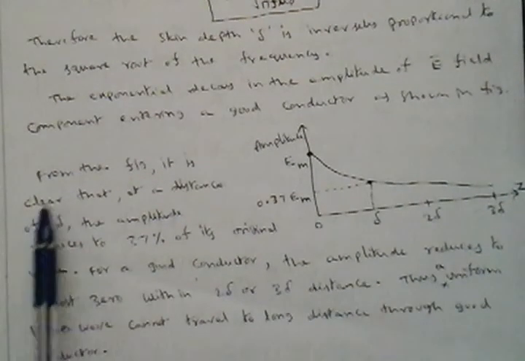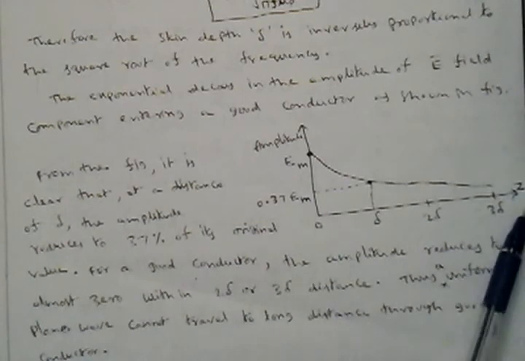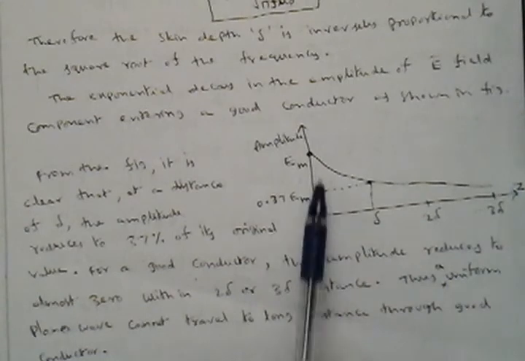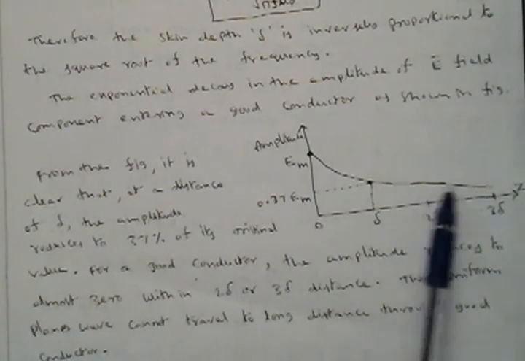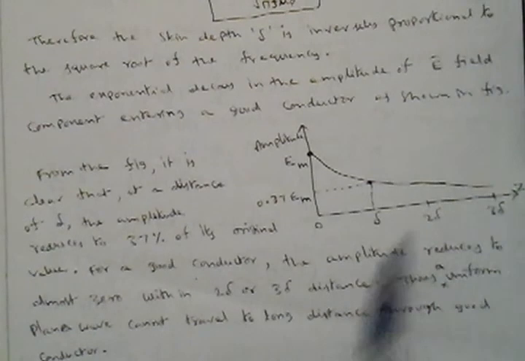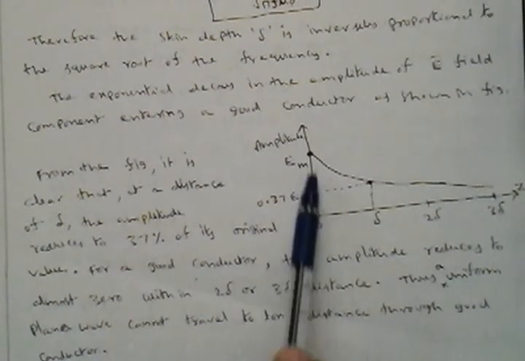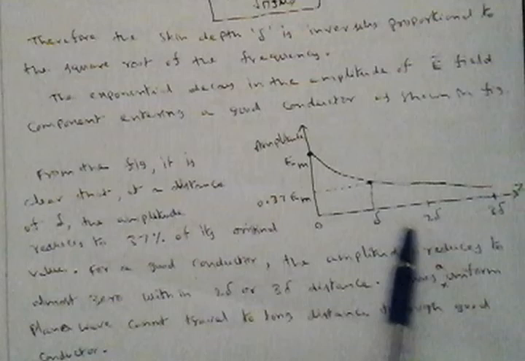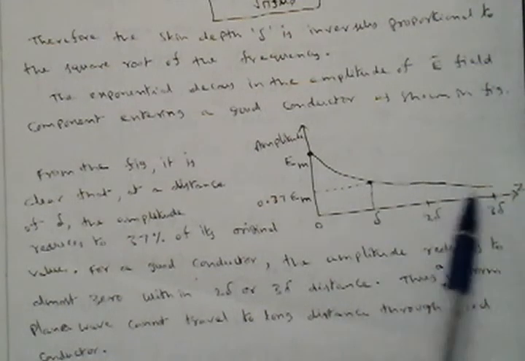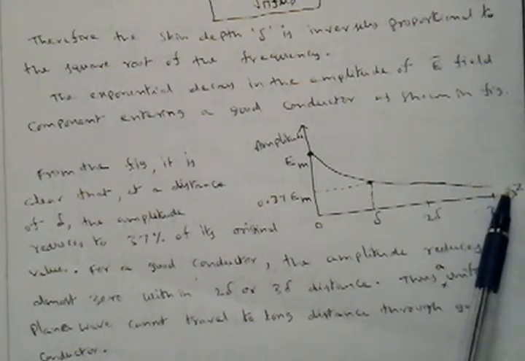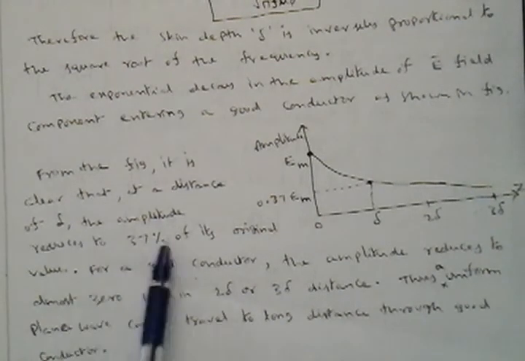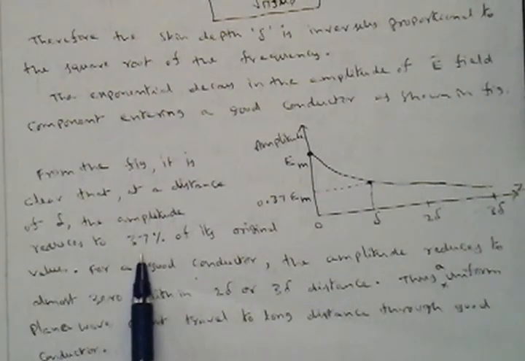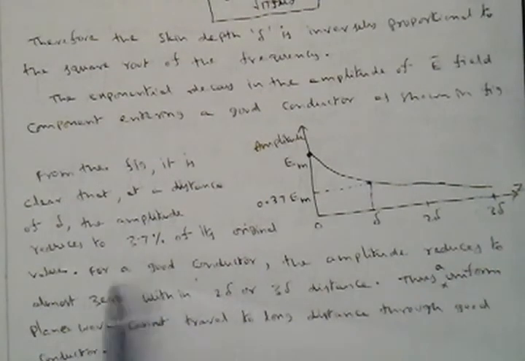In the graph, as the distance increases, the maximum of the electric field decreases drastically. When delta is 1, the amplitude Em plus will be less, and when delta increases further, the amplitude of the waveform decreases drastically. From this figure it is clear that at a distance of delta, the amplitude is reduced to 37 percent of the original value.